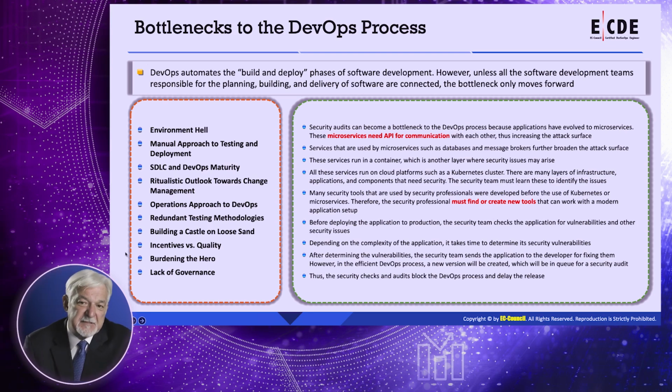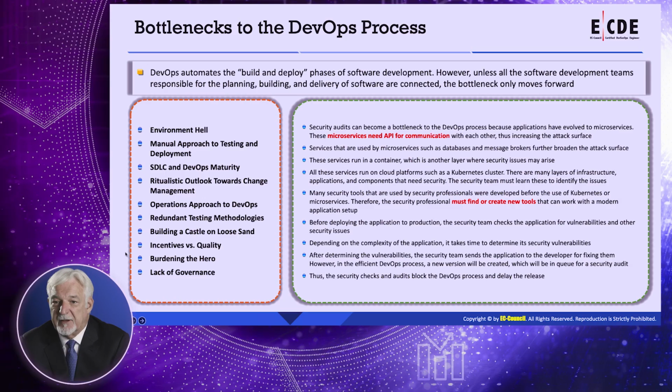These microservices need APIs for communication with each other, and it increases the attack surface. In other words, there are more things for a cyber criminal to find that may be vulnerable and exposed. Even the services that are used by microservices, such as databases, message brokers, etc., further broaden the attack surface.